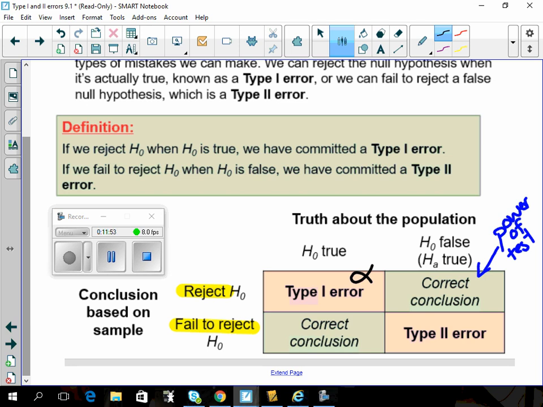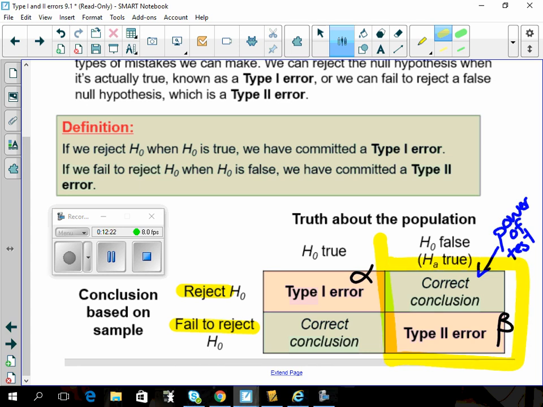Type 2 errors are denoted by what's called beta. Okay? So you have alpha and you have beta. In terms of notation, that's really all we care about right now. And the power of the test and a type 2 error, these two also add to be 1.